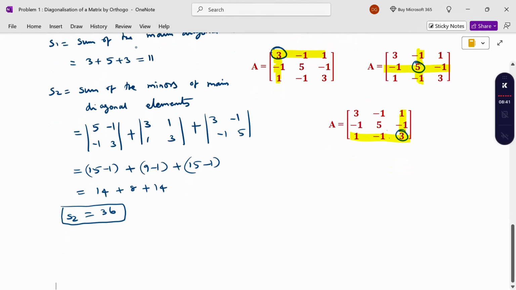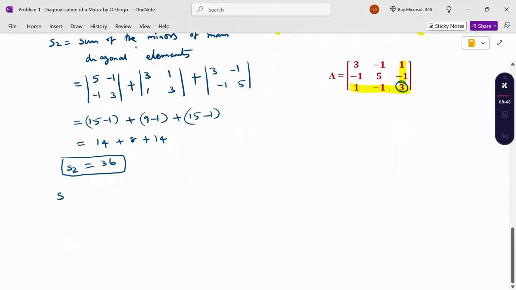Then to find S3. S3 is the determinant of A: 3, minus 1, 1; minus 1, 5, minus 1; 1, minus 1, 3. In the previous video I showed the manual expansion and also a way to directly use the calculator.